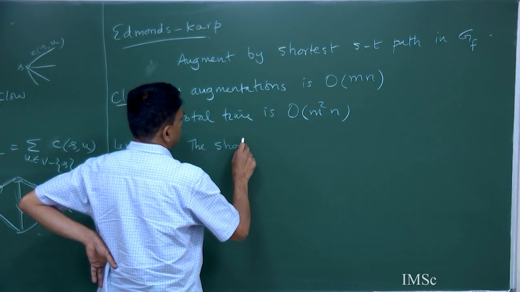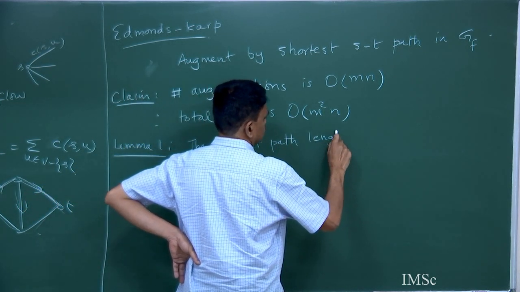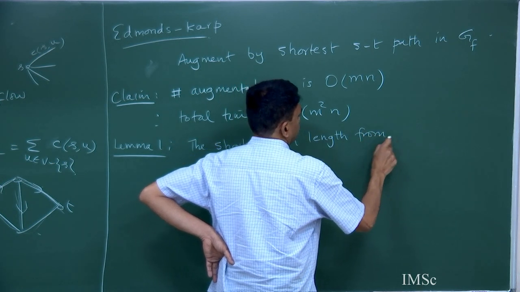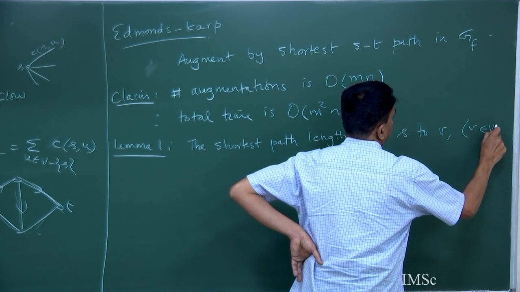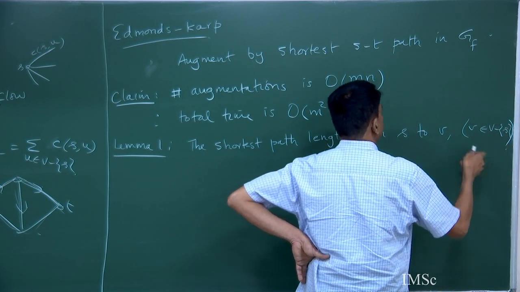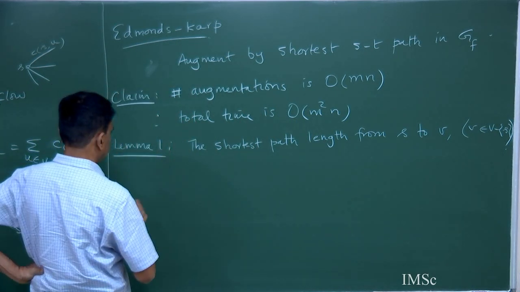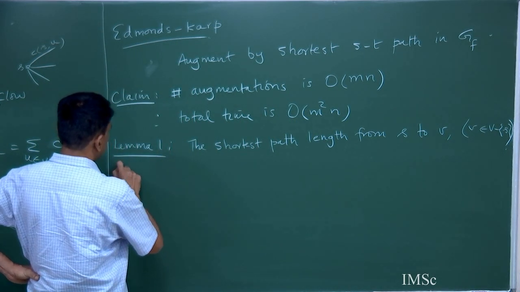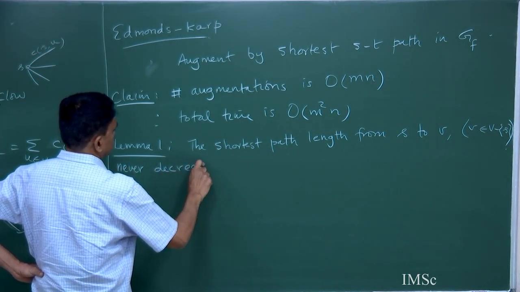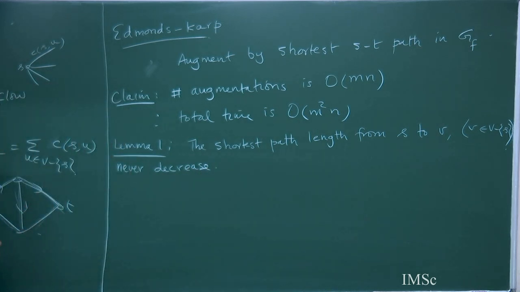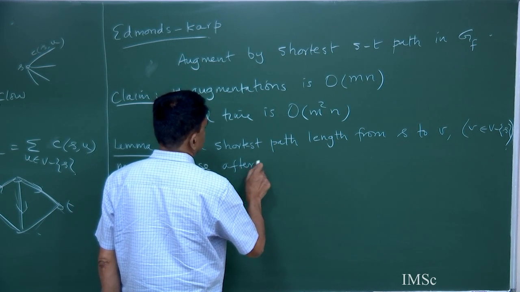The shortest path length from S to V, for all V in V minus S or including S, never decreases after augmentations.